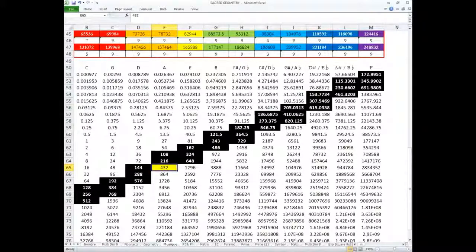After the Second World War, the international elite forced 440 to be the international music frequency, and they succeeded. So because of that, today every instrument is tuned to 440, where normally they should be tuned to 432.